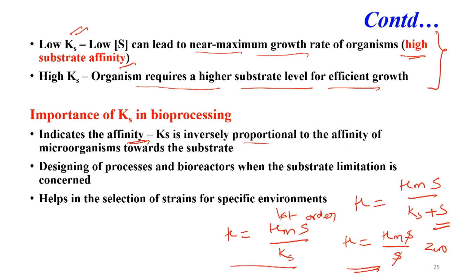In fact, Ks is inversely proportional to the affinity of microbes towards substrate. Further, this parameter is helpful in designing the process and bioreactor when substrate limitation is concerned. It also enables us to select a particular strain for a given environment.